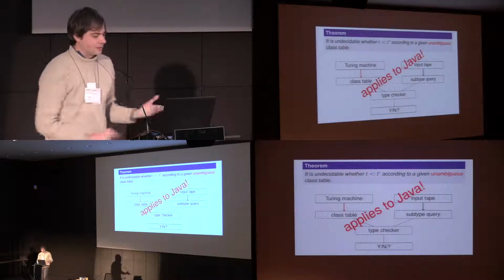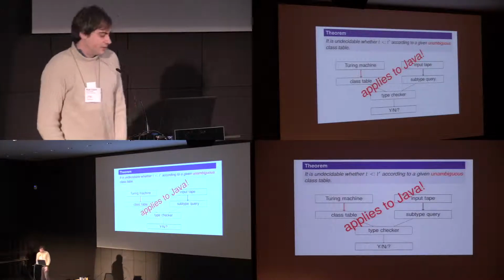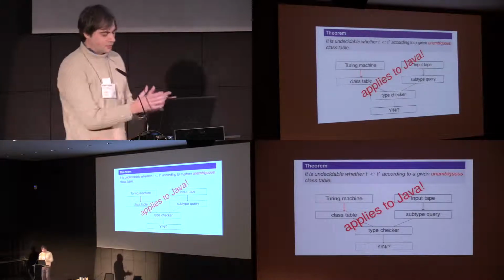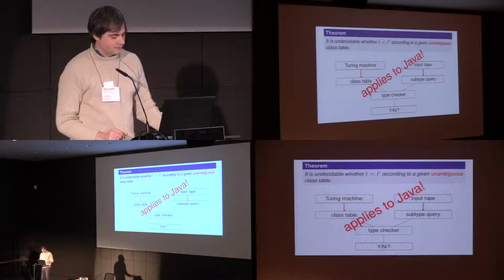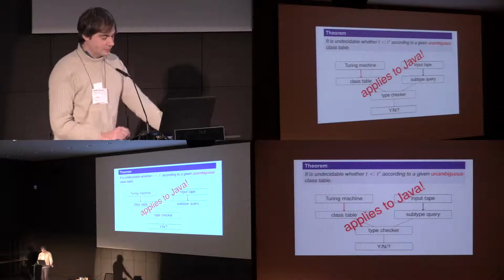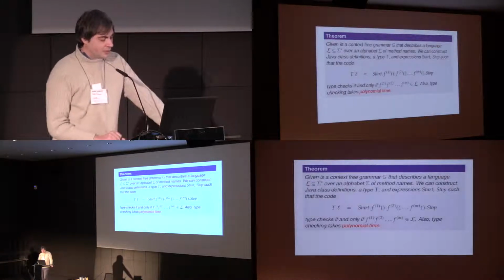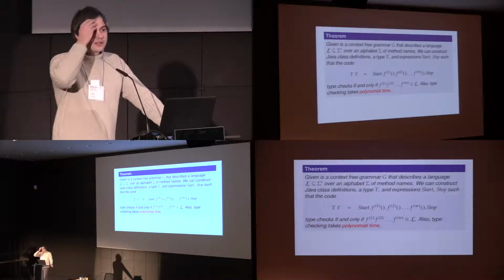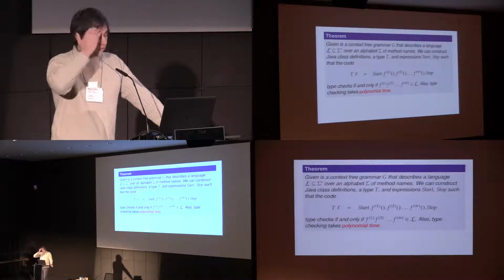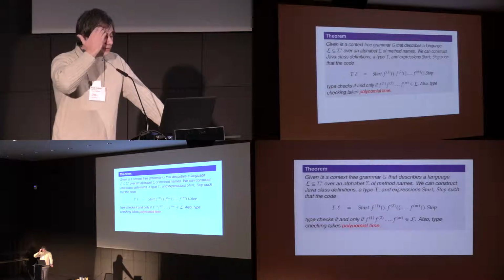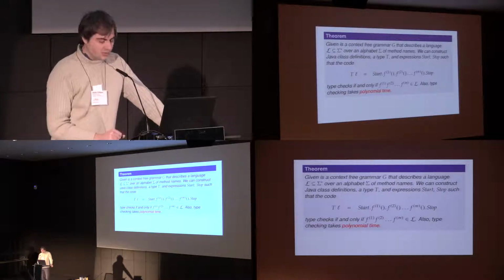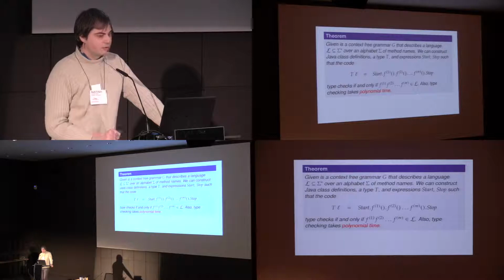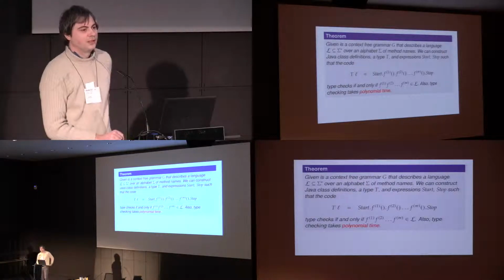Okay. And so the main advantage of this is that you restrict what you can generate, and it applies to Java, so you can use it there. In particular, if you look at that proof, it immediately follows that you can have a slightly stronger result than GLL: you can recognize any context-free language in polynomial time. How do you do it?